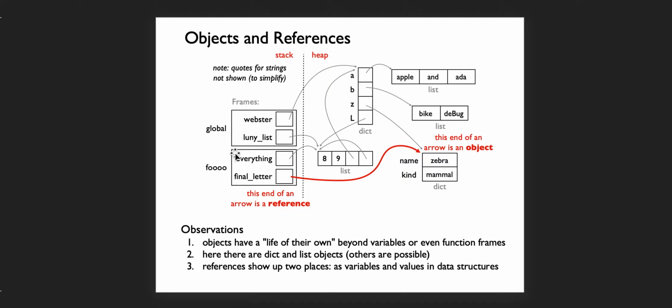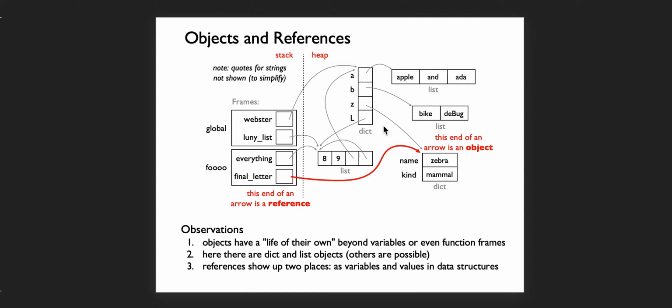Another observation that I want to make note of is that this particular example has two different data types, which are dictionaries and lists. We have three different lists and two different dictionaries, but many other data types are actually possible, including custom data types, which we'll be talking about today.